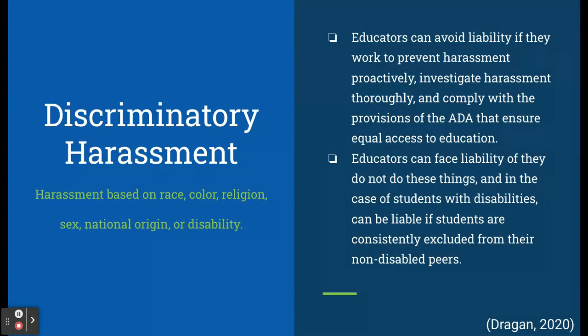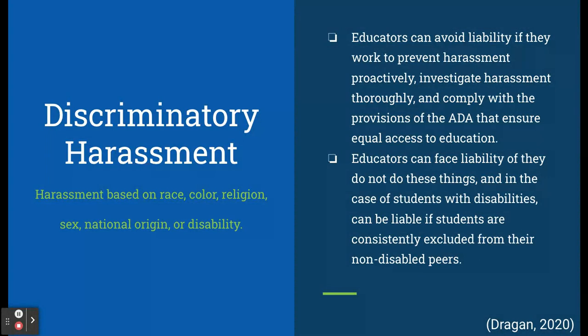We can avoid liability if we work to prevent the harassment proactively. Once we find out that harassment has happened, we investigate it thoroughly, and of course always comply with the provisions of the ADA to ensure that our students have equal access to education. Now, if we don't do these things, that's when we can face liability.